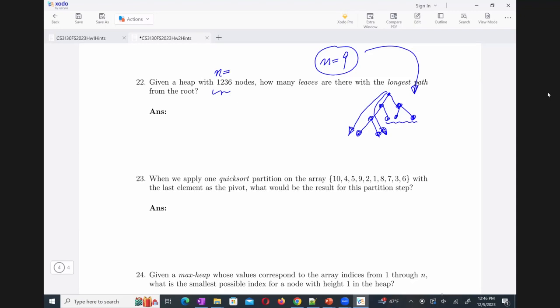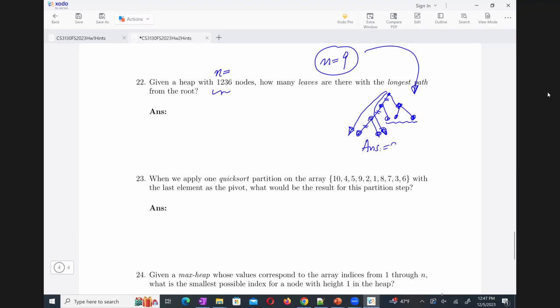How do we count the length of a path? Number of edges. 1, 2, 3. That's how you count the length of a path. Number of edges. 3 edges is longer than those 2 edge paths. Here, when I ask you for the longest path, your answer is 2.